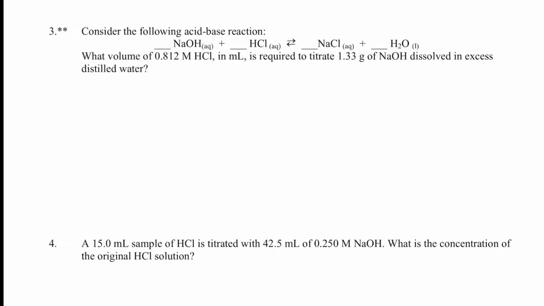Question number 3 is very different, and so I want to walk through it just to see how this can work out. We want to know what volume of 0.812 molar HCl is required to titrate 1.33 grams of sodium hydroxide dissolved in excess water. I'm going to say MAVA over NA equals MBVB over NB.